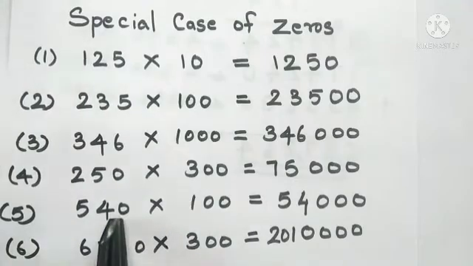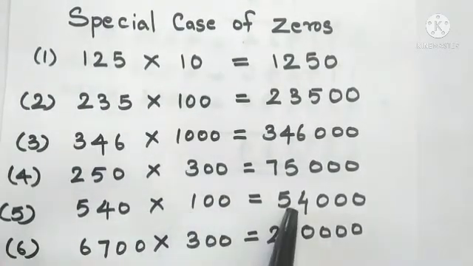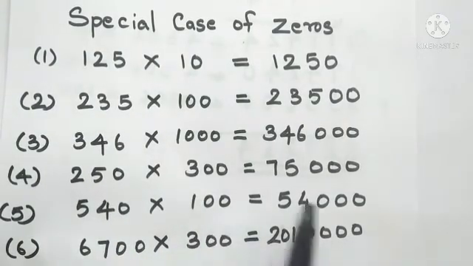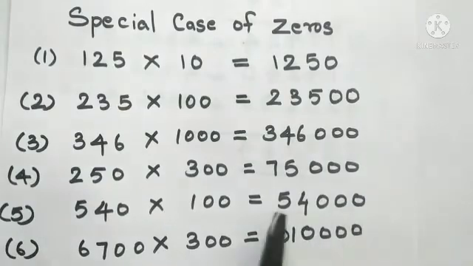Next, 540 into 100. 54 into 1, 54. Zeros: 1, 2, 3. We put 3 zeros together with this 54.